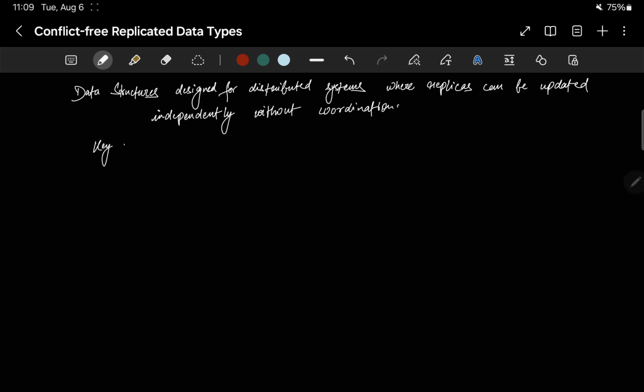So what are the key characteristics of CRDTs? First one is replica independence. CRDTs allow updates to occur on different replicas independently, ensuring that replicas eventually converge to a consistent state. Next is conflict resolution.